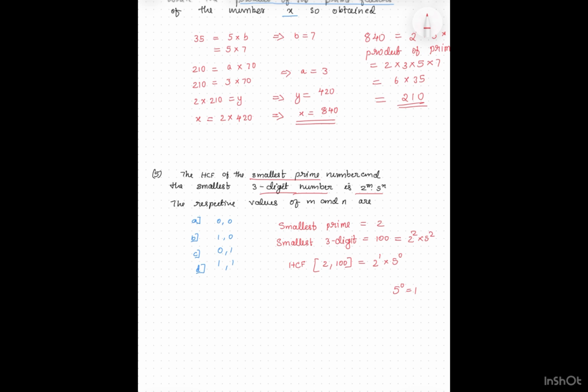So we can write 2 to the power 1 and 5 to the power 0. So 2 raised to m, 5 raised to n is equal to 2 raised to 1 and 5 raised to 0. So m is equal to 1 and n is equal to 0. So the answer is B, 1 0.